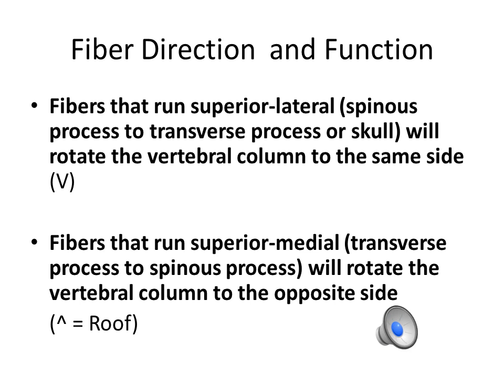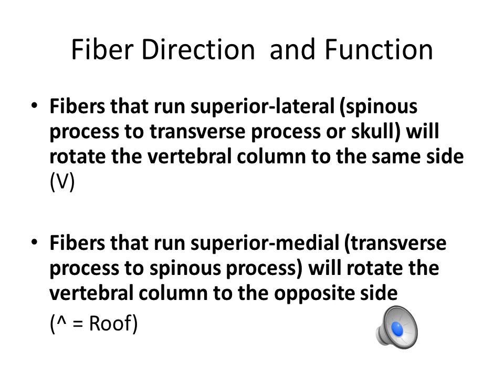So, if you have a muscle that is attached inferiorly at the spinous process of C2, and it courses superior lateral to the transverse process of C1, this muscle will rotate the vertebral column to the same side.